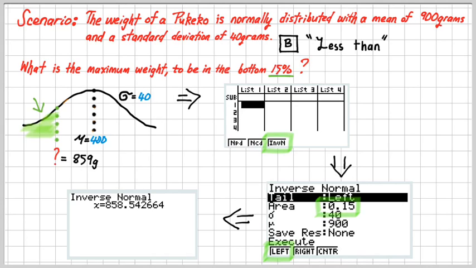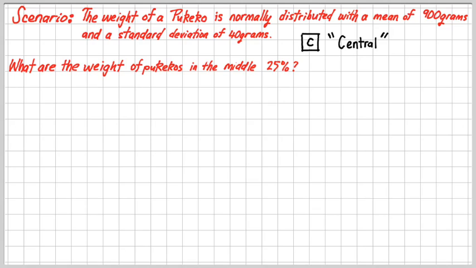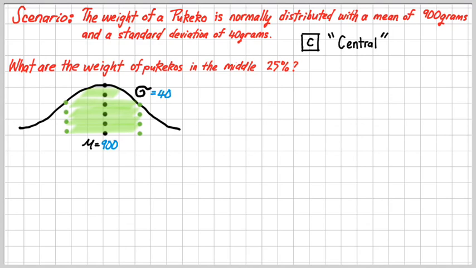Alright, we've got one more case to consider. The situation is as before, but this time we're going to ask, what are the weights of pukekos in the middle 25%? Let's have a look at what this looks like. So we're looking at the central case here. Here's the picture. Our mean of 900, standard deviation of 40.